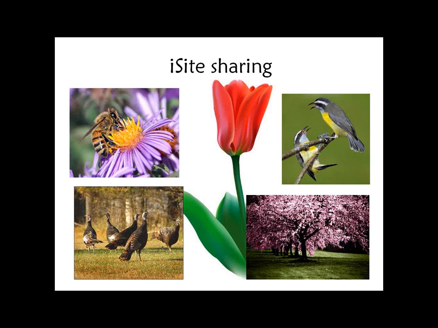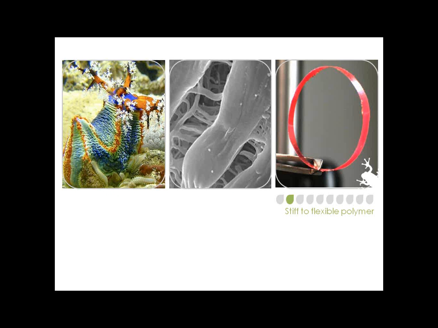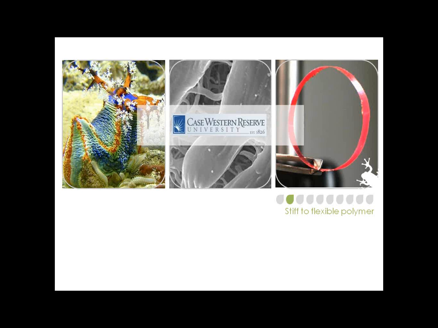So what I'd like to do now is to present 2 new case studies. This one is about a stiff to flexible polymer that Case Western University is working on. The transition from hard to soft tissue gives some species the ability to adapt to their environment, whether it is to optimally distribute the force on an animal or to allow complete release or avoidance of pressure for locomotion.